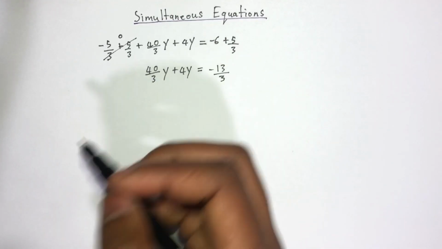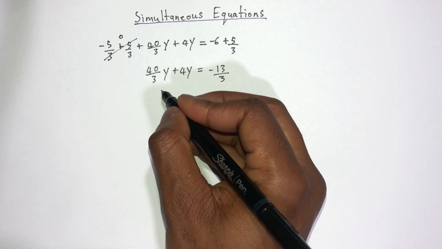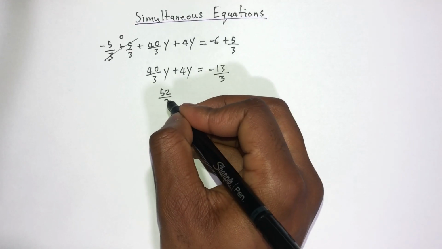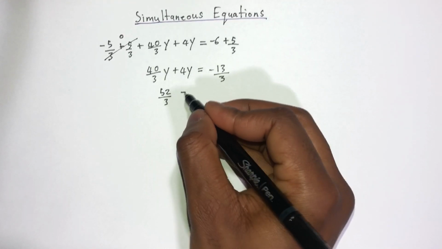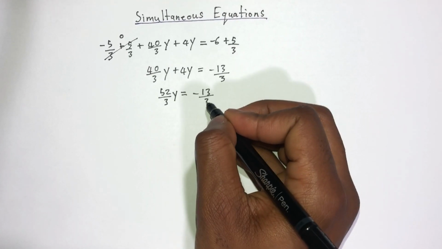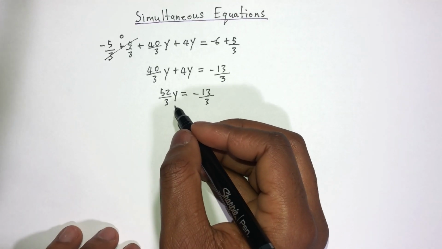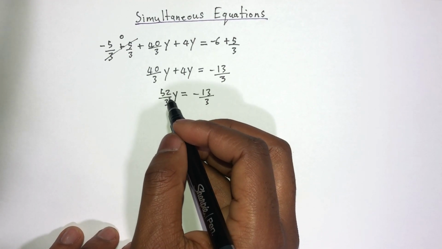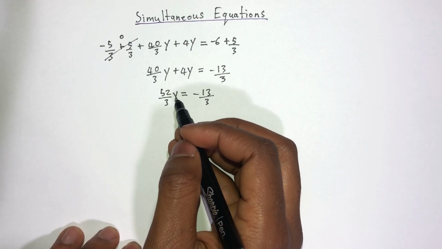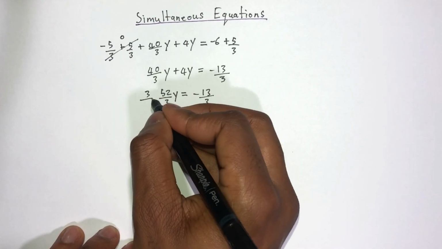40/3y plus 4y gives us 52/3y. Now we're solving for y, and because we have 52/3 multiplying y, we have to divide by 52/3.